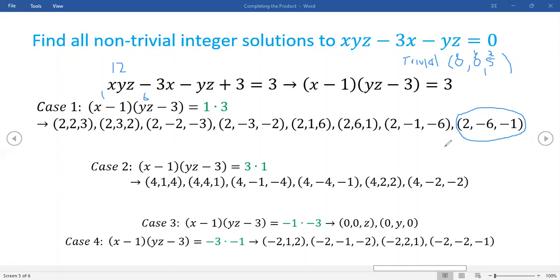Again, what I'm doing is I'm just substituting this. Actually, I should be putting it in up above here, but it'll work out. Then also minus 3 times x would be -6, right? And then of course yz is 6.